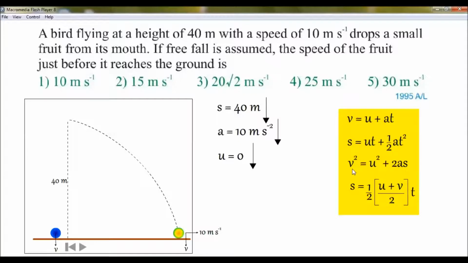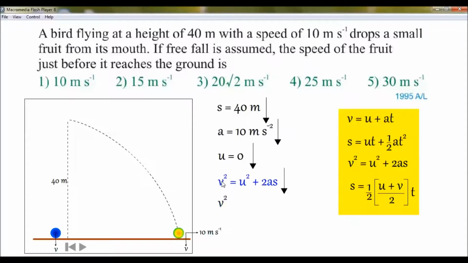So this is the suitable equation for this sum. I'm going to use it: v squared equals u squared plus 2as. When we use this equation, we have to put the direction also.